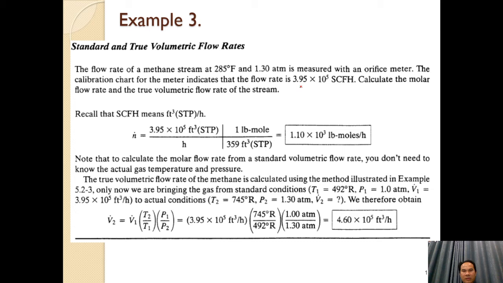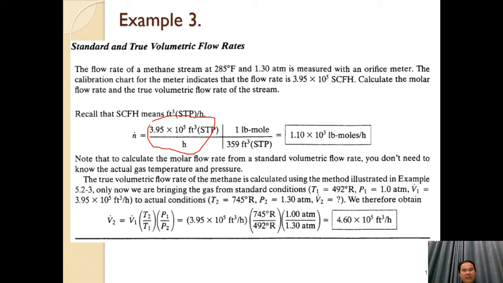This is the volumetric flow rate. V n equals V multiplied by the standard state. You can compare with the standard state. The volumetric flow rate of this case is 3.95 multiplied by 10 power 5 cubic feet per hour.